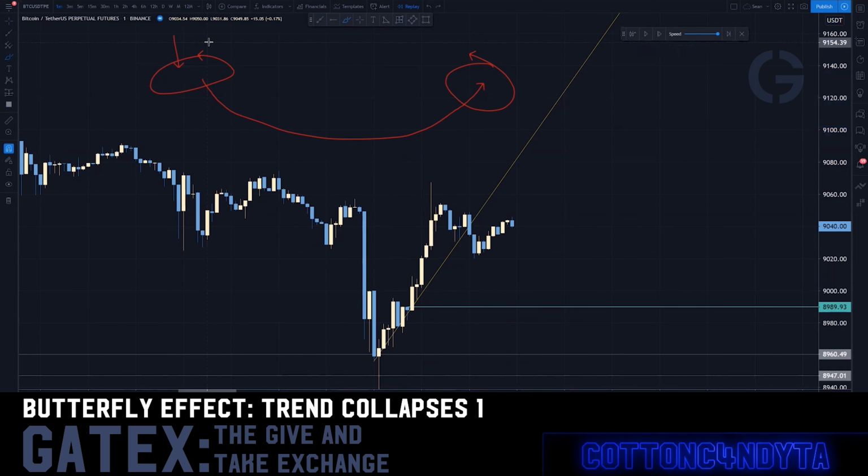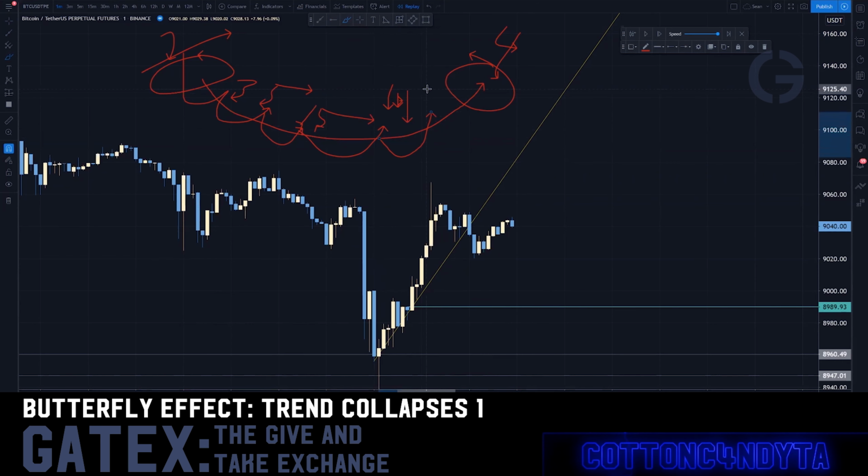So for example, if this was a 1 minute candle and this was say a 4 hour candle, it constantly is making new trends all along the way. It makes a 3 minute here, maybe a 5 minute here, maybe a 15 minute here, maybe an hourly out here. Maybe some other time frame that we missed, the 30 minutes or a 2 hour or 90 minutes or something.